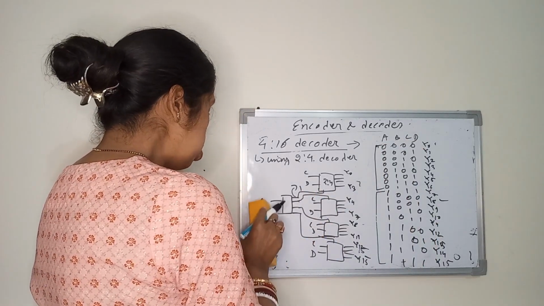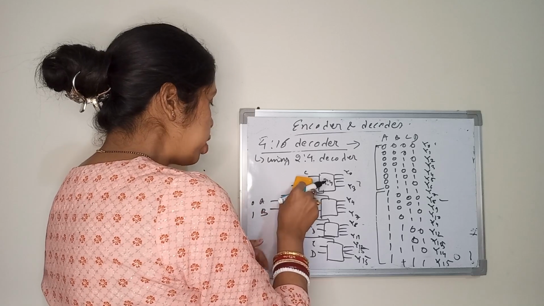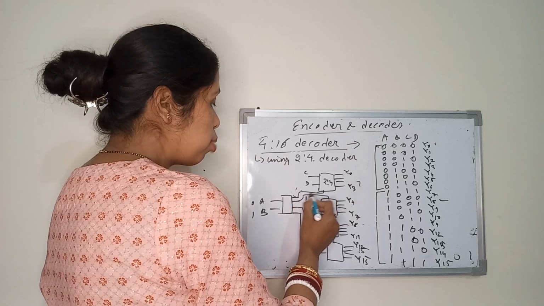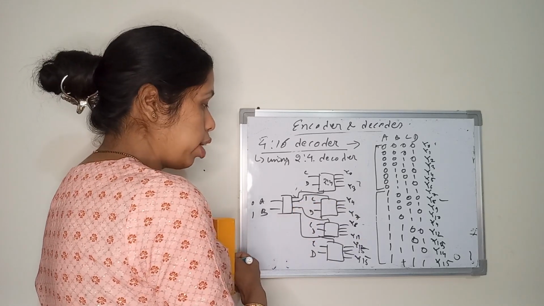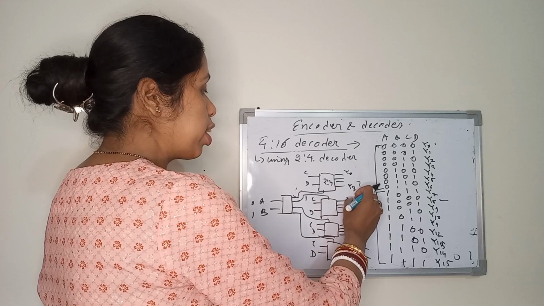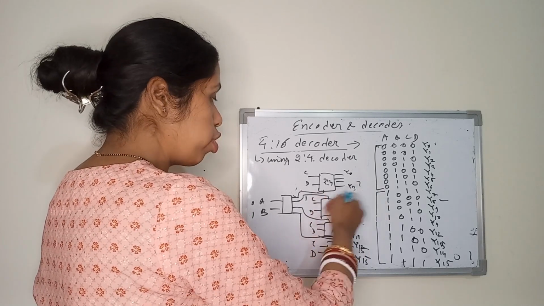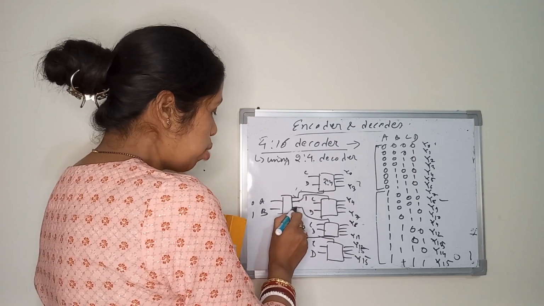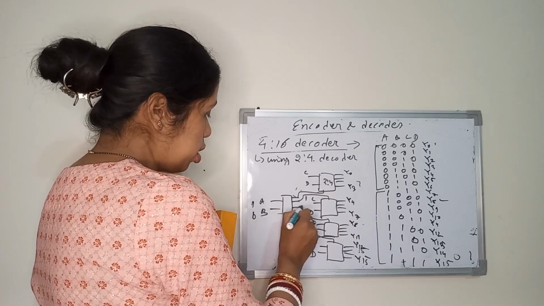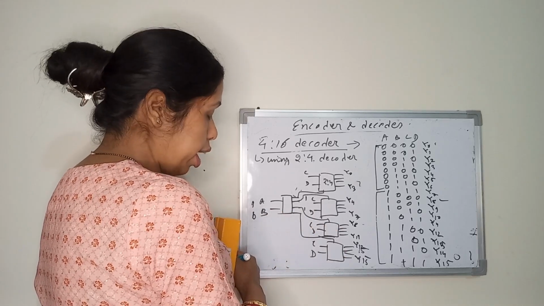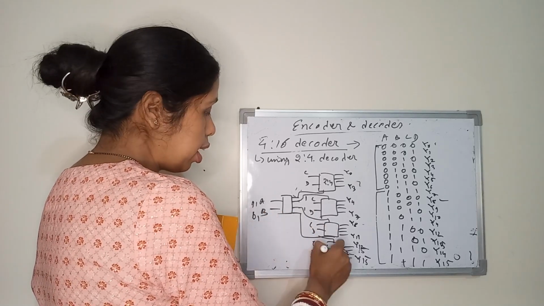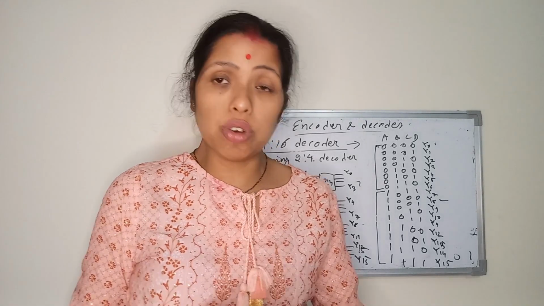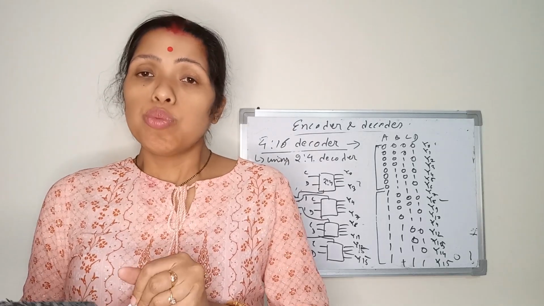Now if I give 0 1, then the second line will be 1, that means it enables the second decoder, and then I will get y4 to y7. In this way, for 1 0, the third decoder will be enabled, and for 1 1, the last decoder will be enabled. So in this way you can design the 4:16 decoder using 2:4 decoders.